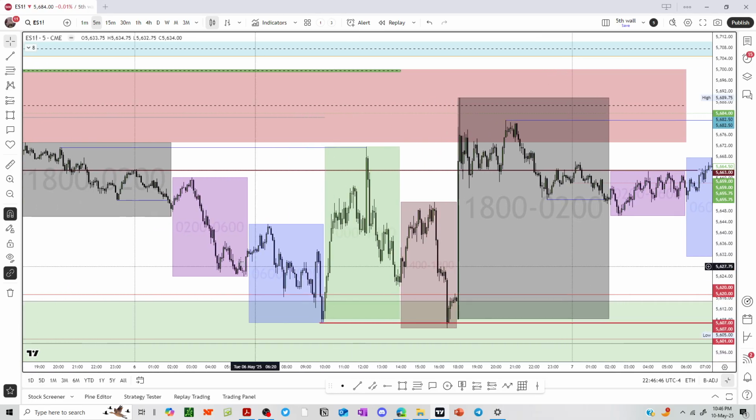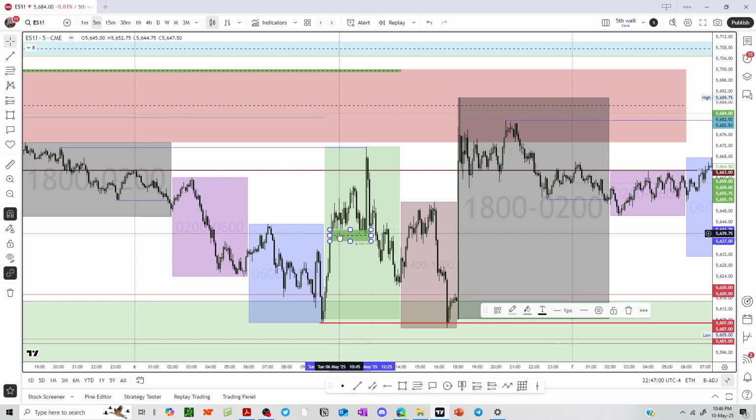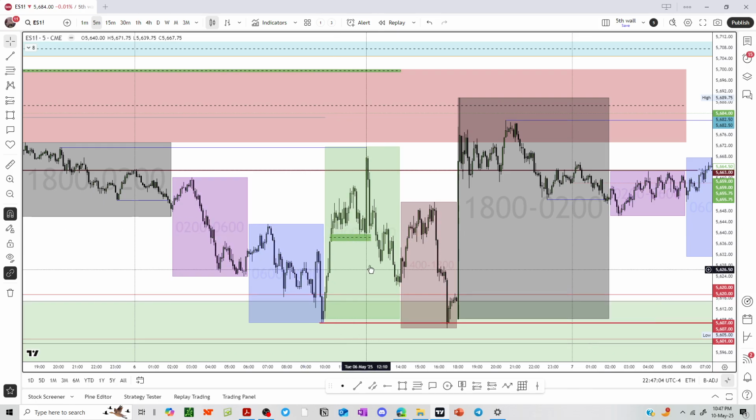All right, so that ran the low, and then where we going? Took out this high, consolidated above it here, retrace into this small fair value gap. And targeted this swing high and took out the Asia high here, then collapse.